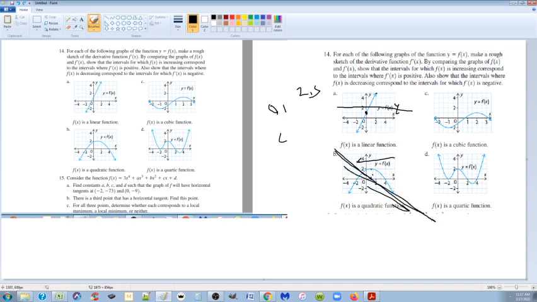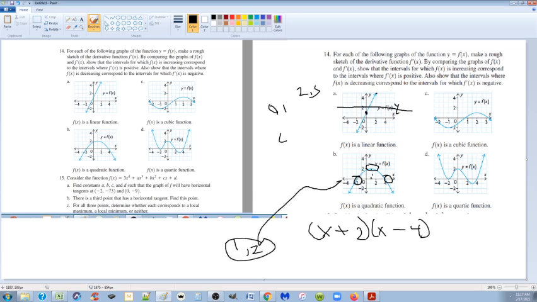I might not have the exact slope of this line. To do that, you would look at the fact that it crosses through 4 and minus 2, and you'd also look at the fact that its vertex is (1, 2). You can come up with the exact parabola from that, because you have 1 point and the vertex.